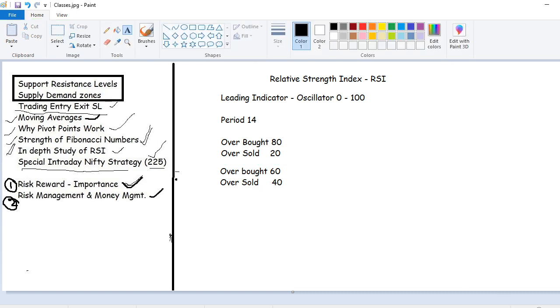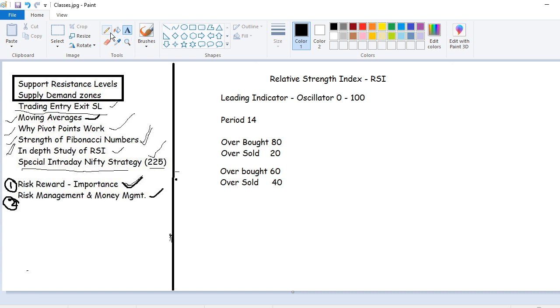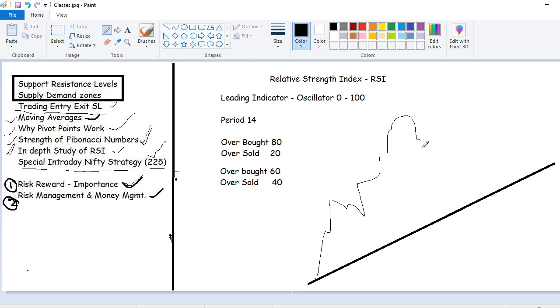First, our major motto is we need to check with the price action. Let's suppose there is a trend line like this. The stock is coming down, it went up and it started coming down. Now here we take an entry with a small SL, right?